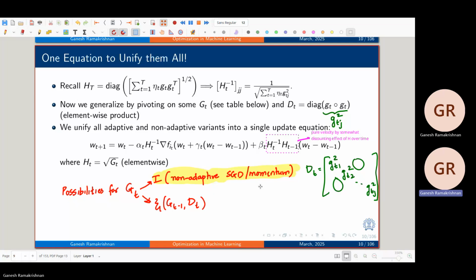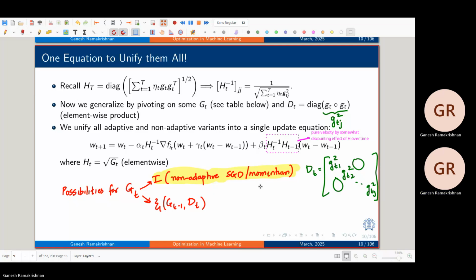So in the case of Adagrad, RMSProp, and Adam, obviously GT won't be identity. What we will do is update GT in terms of GT minus 1. And that's the reason we have a GT separate from HT, right? There's no additive relation between HT and HT minus 1. But GT you can, right?